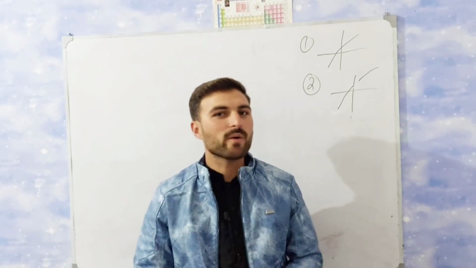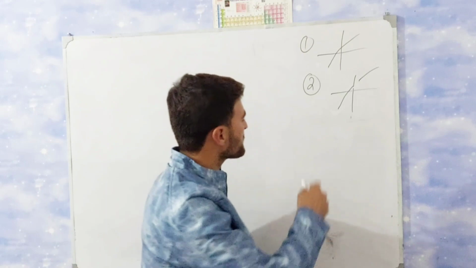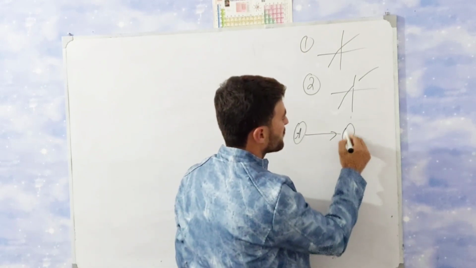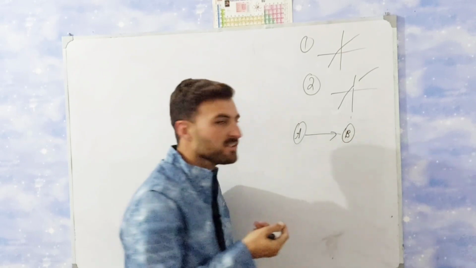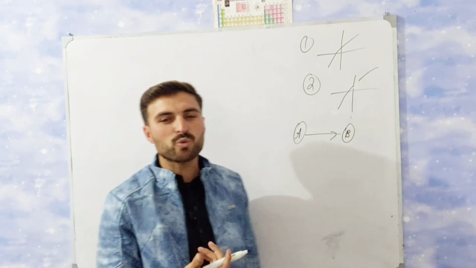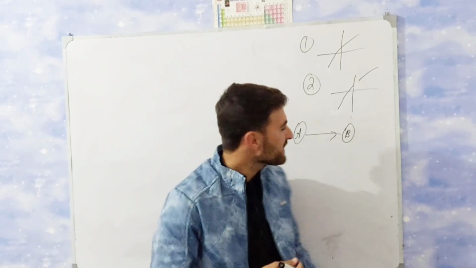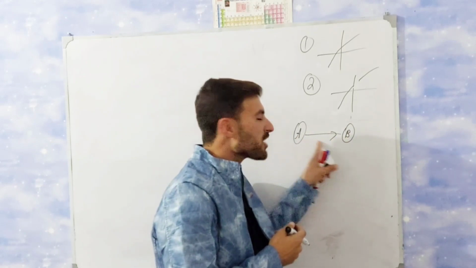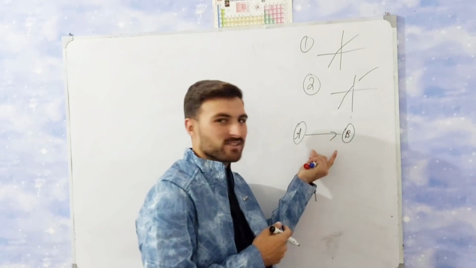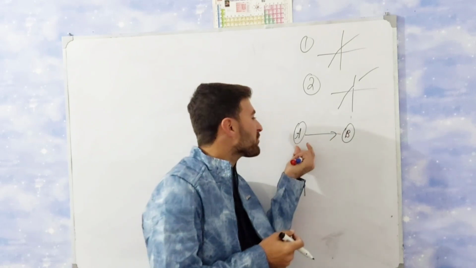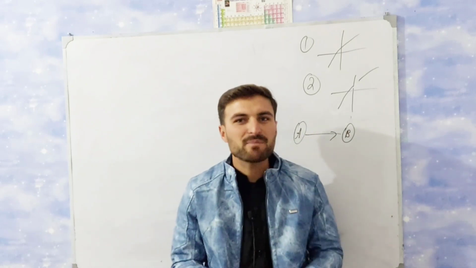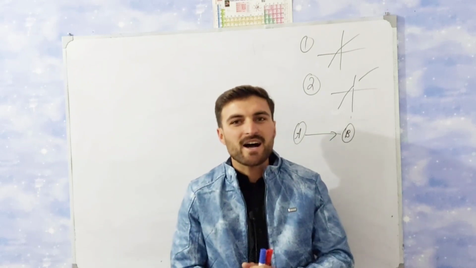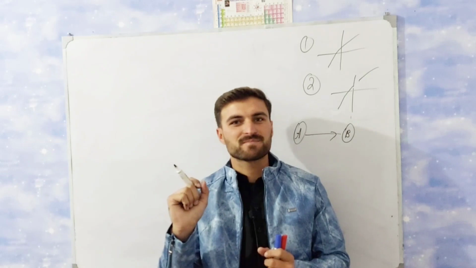If we look at our daily life, let's suppose I am going from this point A to this point B in a continuous form. What does that mean? That means that I am not stopping in between these two points. When I am going from point A to point B, in between I am not taking any lunch, I am not taking any dinner, I am not talking with people.